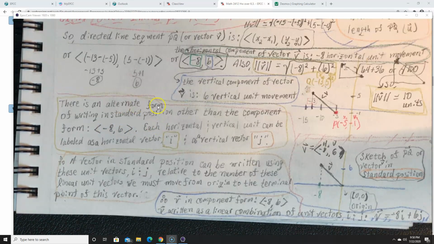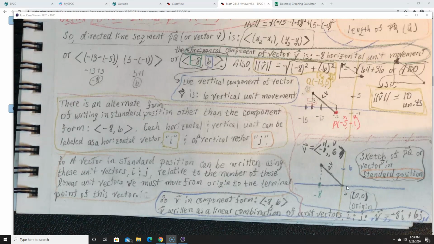How do we do this alternate form? It's very simple. Each horizontal and vertical unit can be labeled or thought of as a horizontal vector. So like from right here, if you move 1 unit left or 1 unit right, that's a movement in the horizontal direction. And we can call 1 unit a vector.